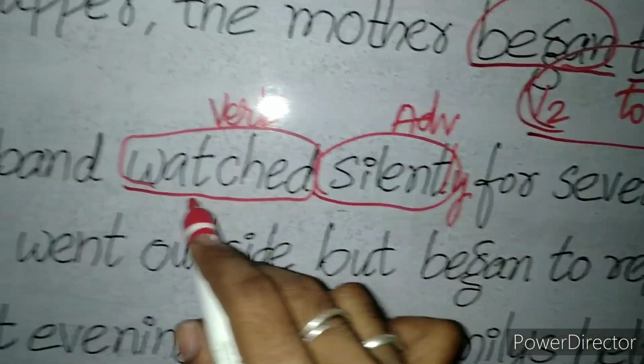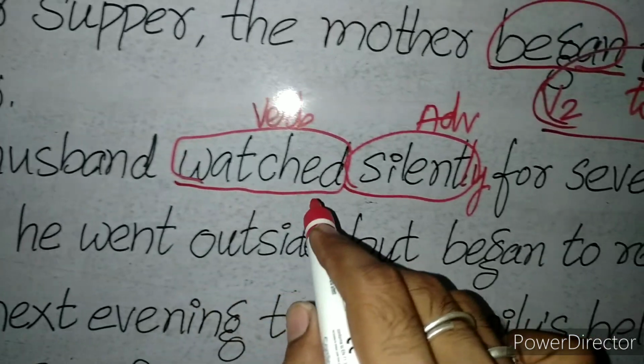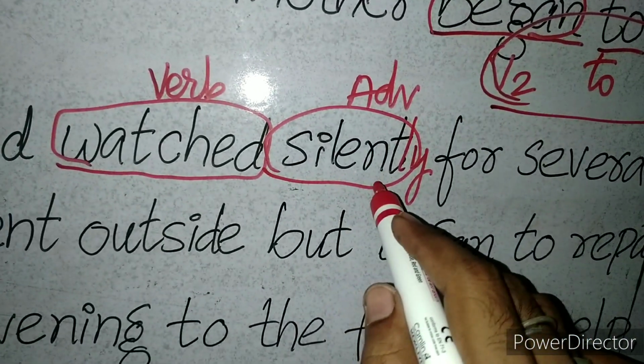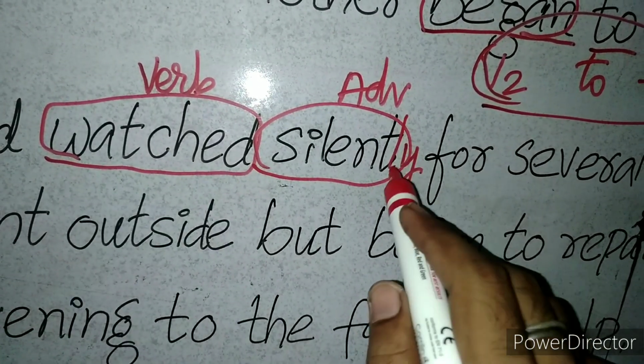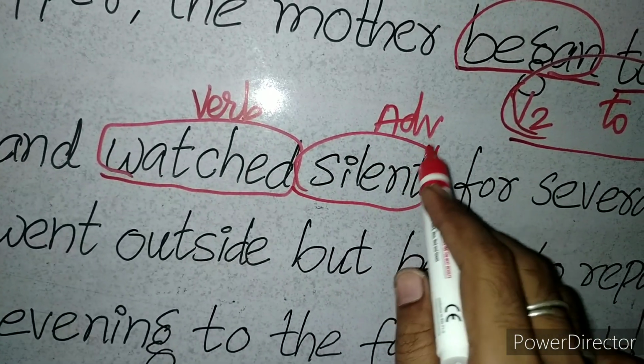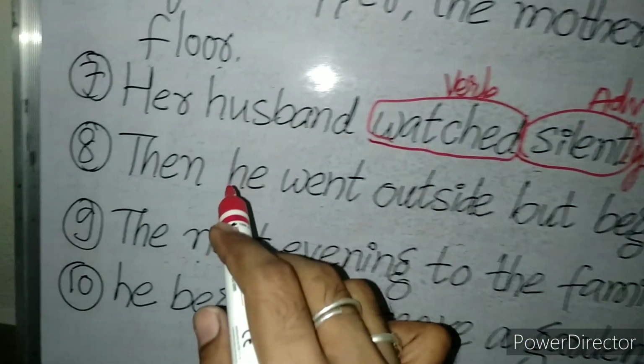Got it? Her husband watched silently for several moments. So here the answer should be silently, not silent. So remember, after a verb there should be an adverb compulsorily. Got it? Now the 8th one.